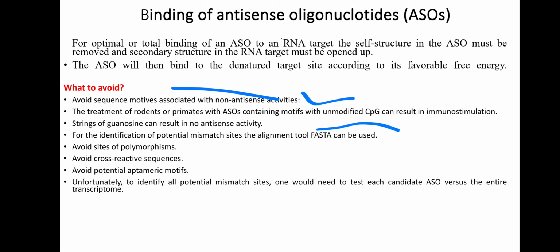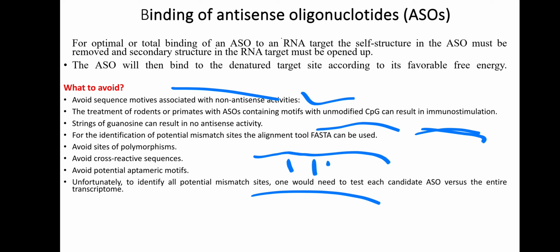This is immunostimulation, a challenge for the management of antisense drug delivery. The next point, strings of guanosine, we already discussed. G residues promote non-antisense activity. Wherever G binding is there, they make base pairs, and that gives a negative effect for the particular antisense molecule.